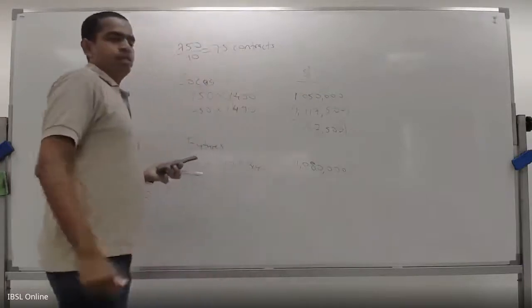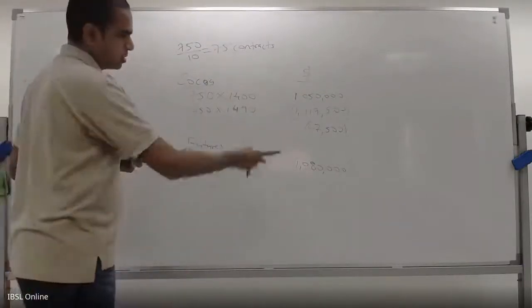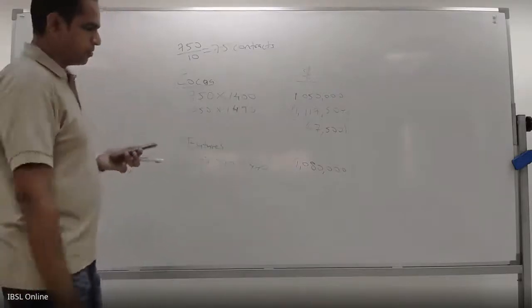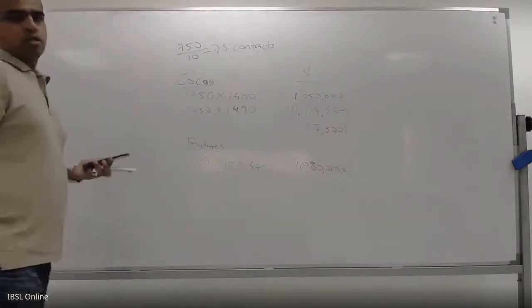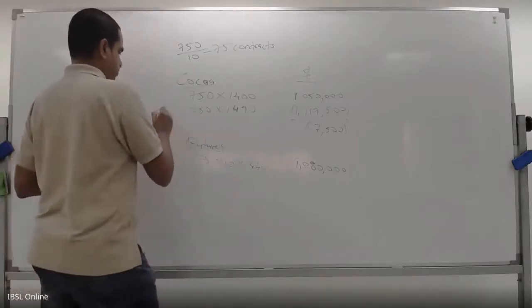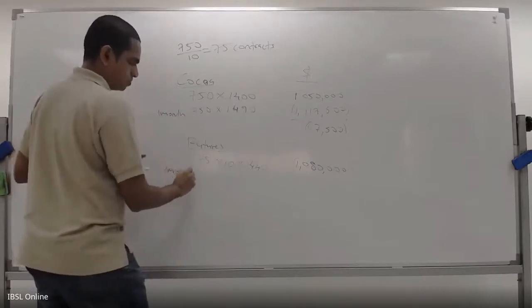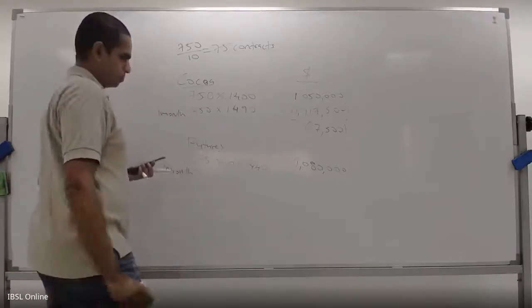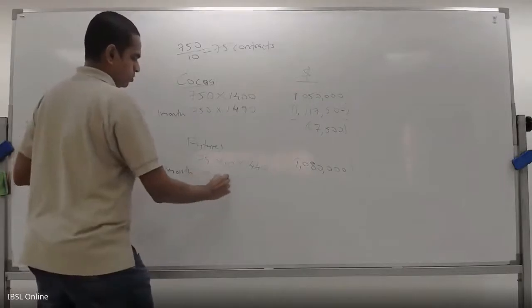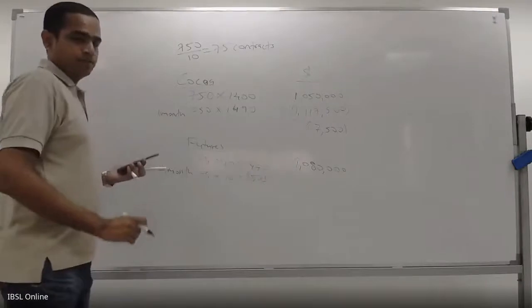Right. So there is an opportunity loss of $67,500 if we have to pay extra to buy the same amount of cocoa. Futures also has increased to 1,525. In 1 month, it's 75 into 10 into 1,525. They can sell it at 1,525.